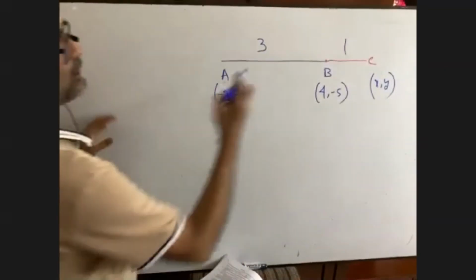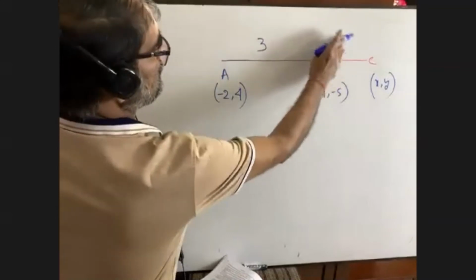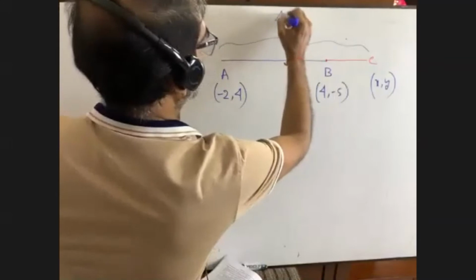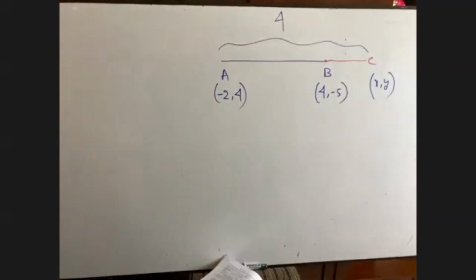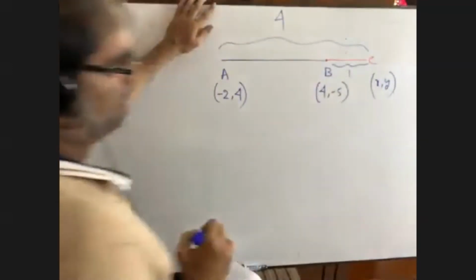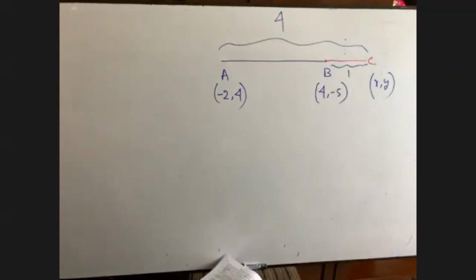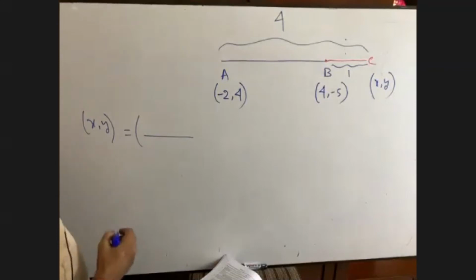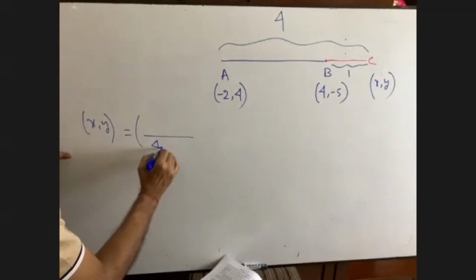For this, you see, this is 3 plus 1. So what is that? It is 4, right? And it is 1. Have you got me? Yes, sir. So x comma y is, it is what? 4 minus 1.